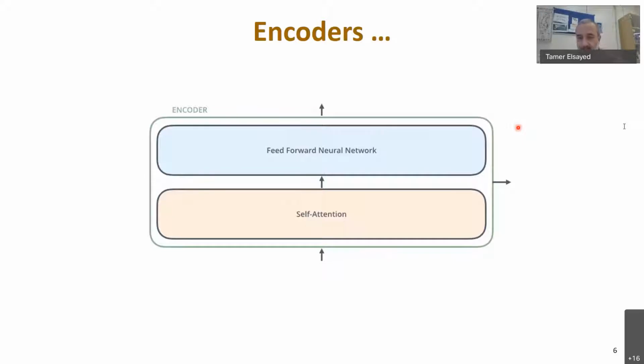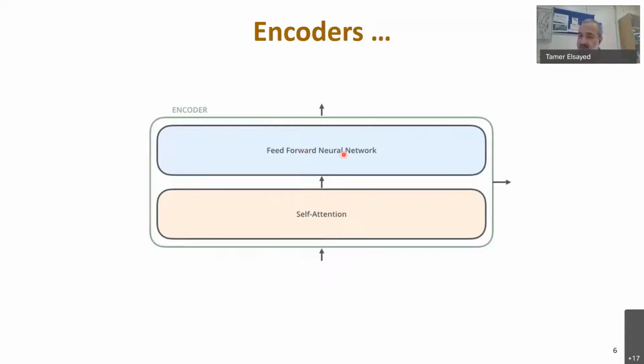Each encoder has two sub-layers. So the terminology here is that each encoder is a layer or a block, both are used, and the encoder itself has two sub-layers. One is called the self-attention layer, and the other is a feed-forward neural network.